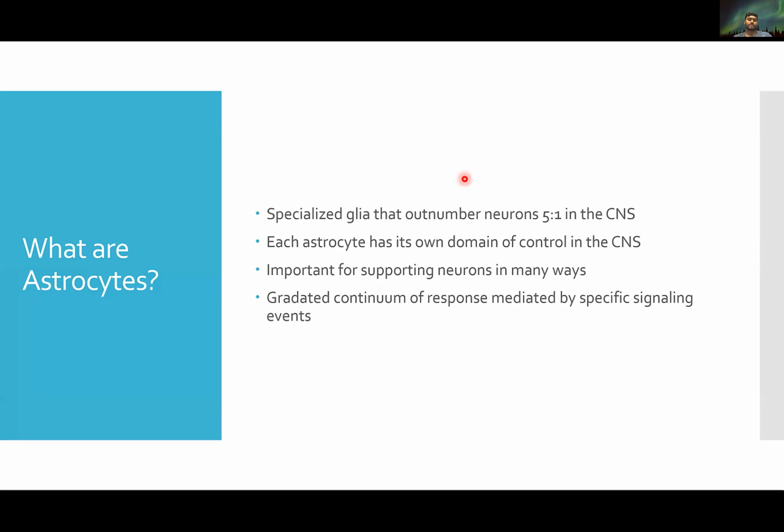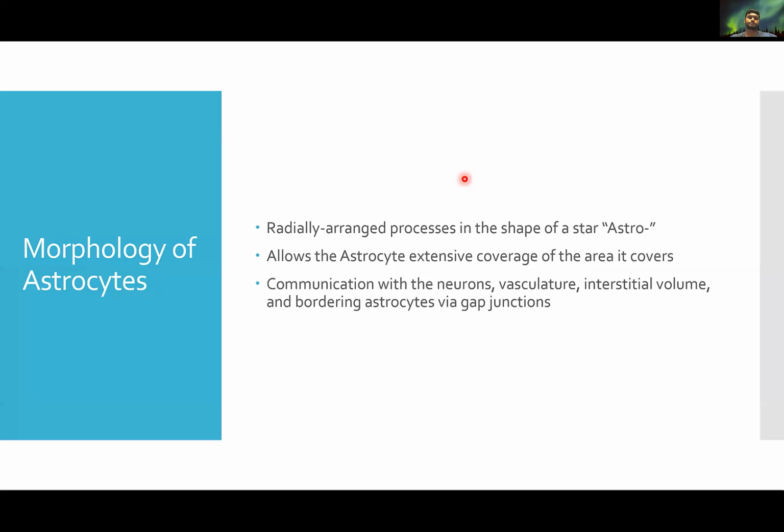It happens in a spectrum and is not an all or nothing action like a neuron. Also, it's a continuum, so it's not like this certain action creates this amount, and then you need a lot more to create the next amount. It's a little bit at a time, and it correlates with different CNS events. And this is all mediated by specific signaling events, which we'll talk about in detail.